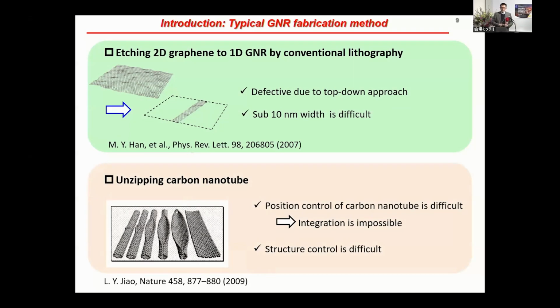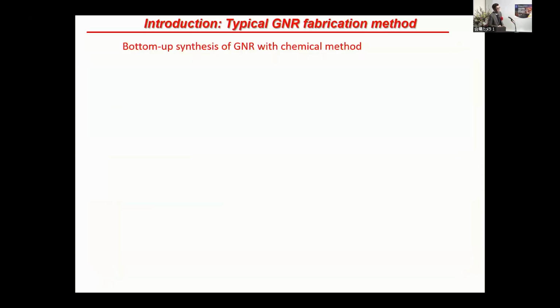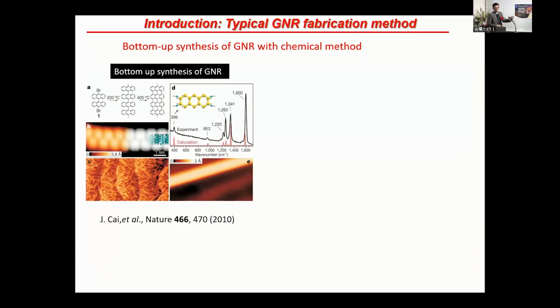This is also a very unique method, and it's possible to get very high quality quantum dots and high quality graphene nanoribbons. But this initial material, the carbon nanotube itself, is really difficult to position on the wafer. That's why this is also not scalable. And recently, the hottest topic in graphene nanoribbon synthesis is using the organic chemical method.